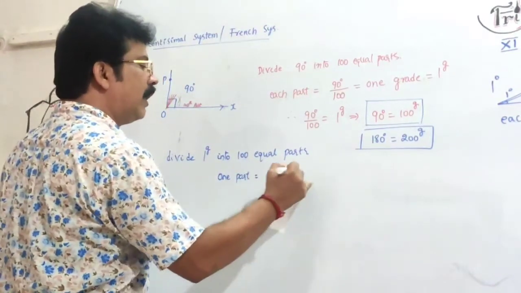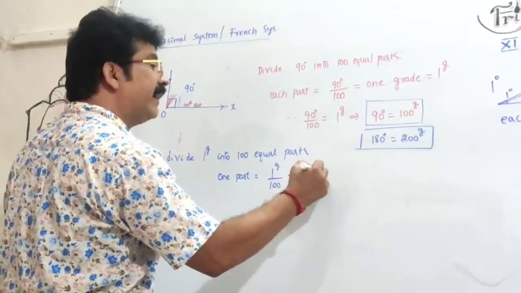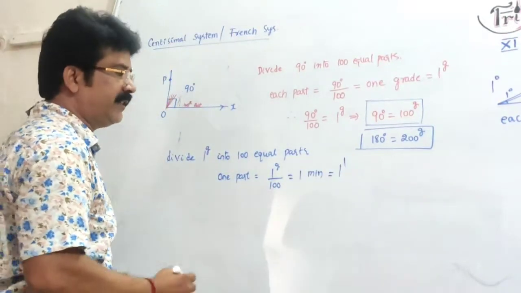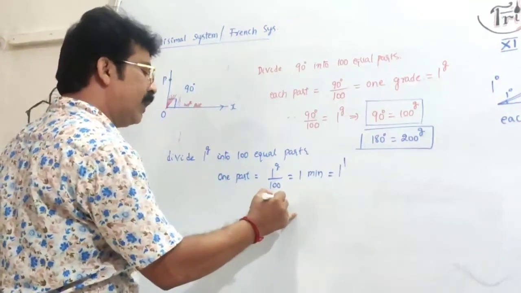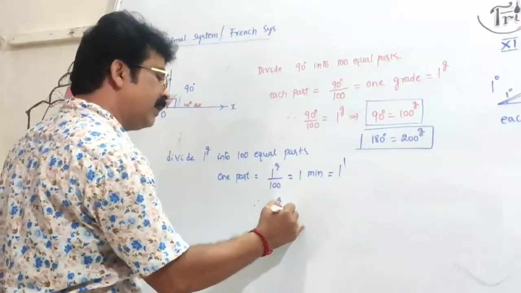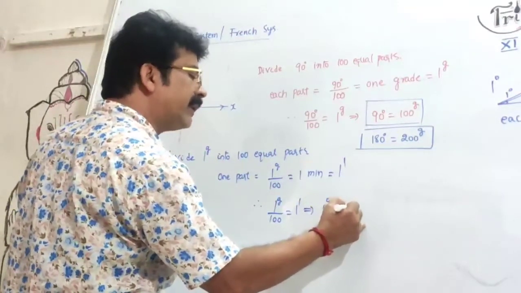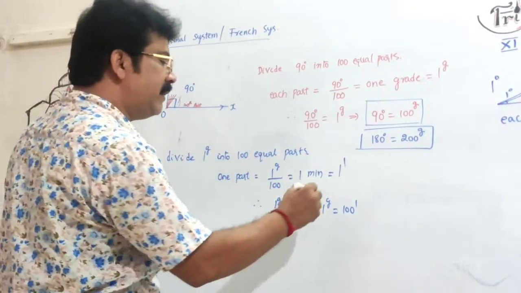This is called 1 minute in the French system, denoted by 1 with a dash. Therefore 1 grade by 100 equals 1 minute. That implies 1 grade equals 100 minutes.